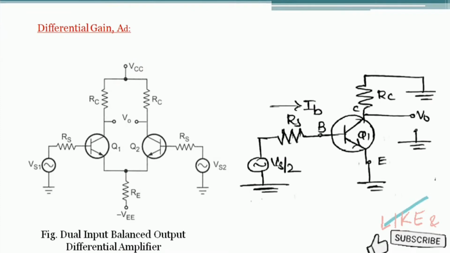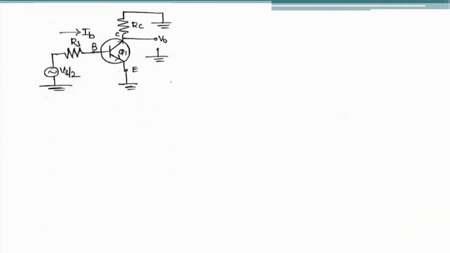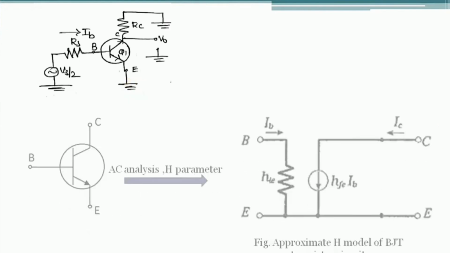Now how are we going to do the AC analysis? Simply we are replacing this transistor Q1 with the H parameter model. Already we have discussed what the H parameter model is and how we have to draw this. Okay, now see a little glance. So this is the final circuit that we have taken for performing AC analysis in order to obtain the differential mode gain.